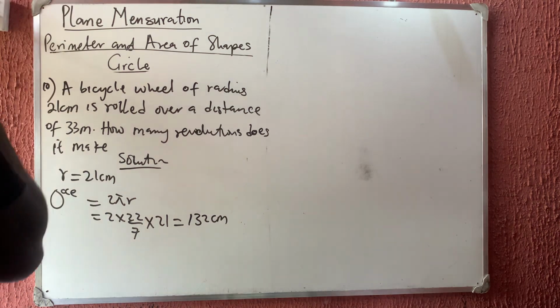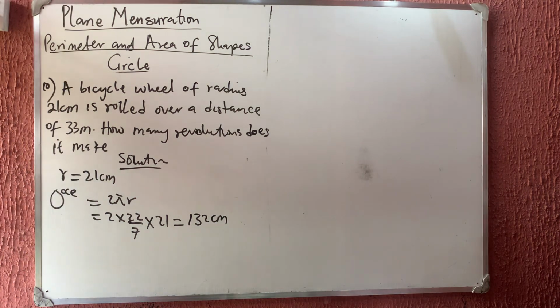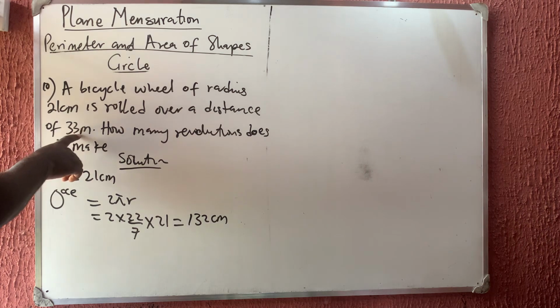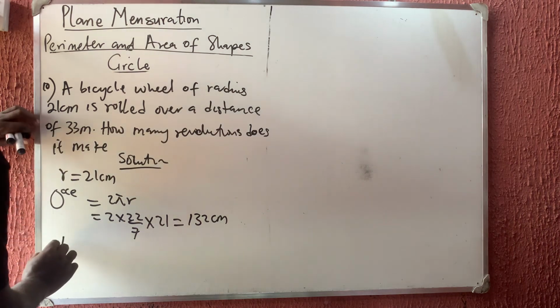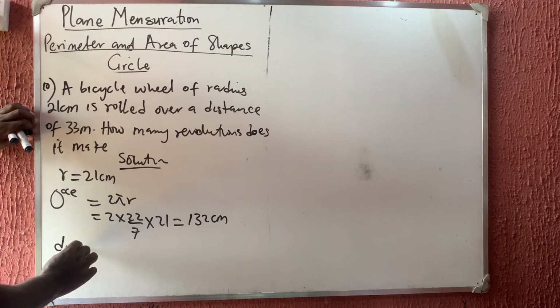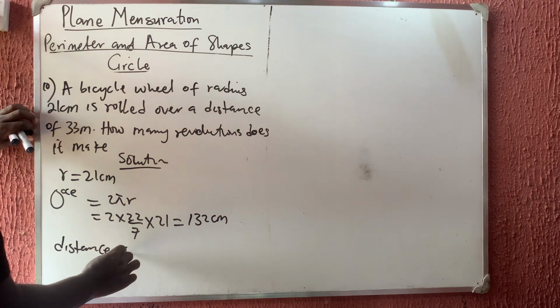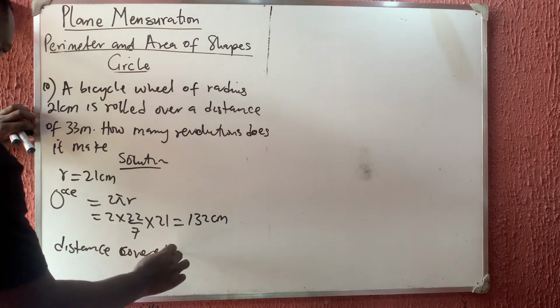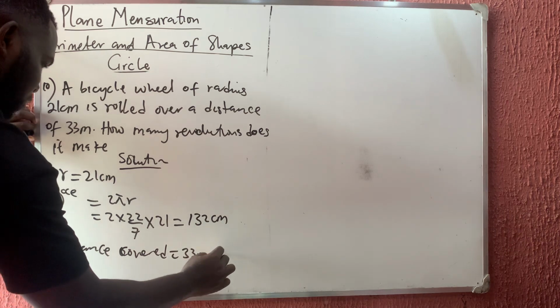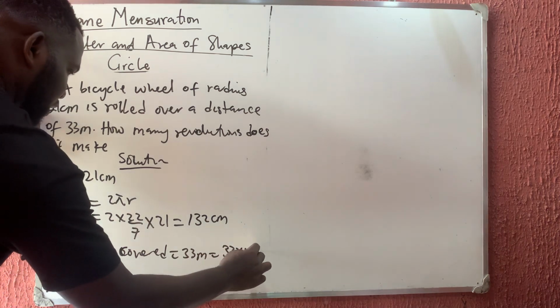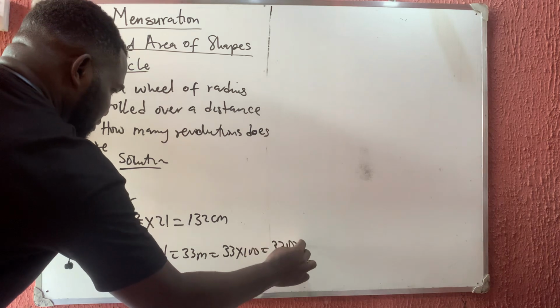Now they say that it covers a distance of 33 meters, which is 33 times 100, which is 3,300 cm.